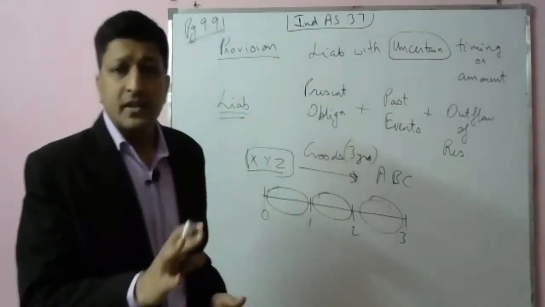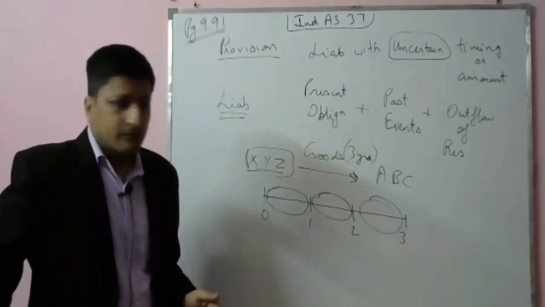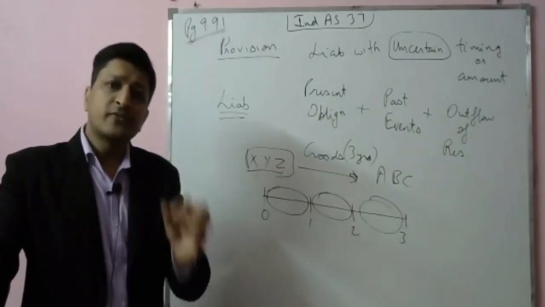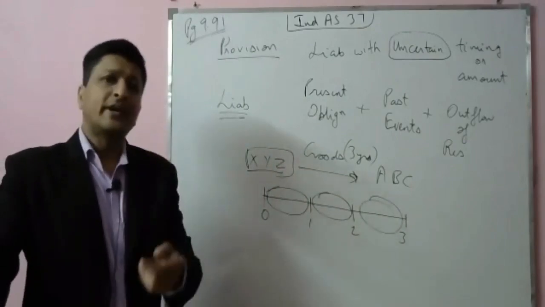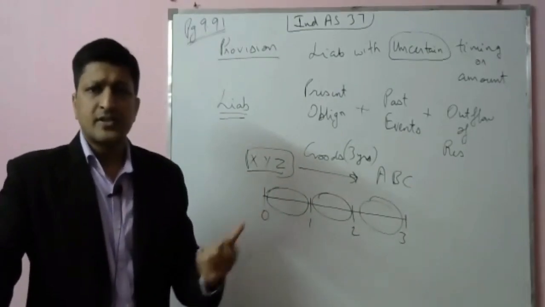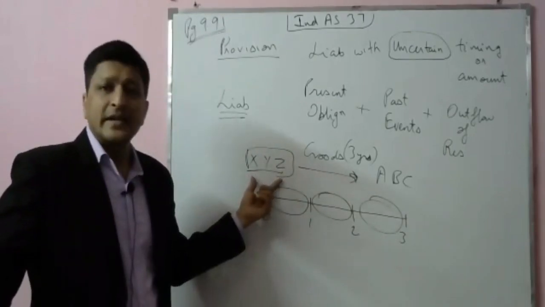Though past history may indicate that whenever goods are delivered, out of 10, 2 become defective on an average. That past, or historical pattern, can give some indication to XYZ.